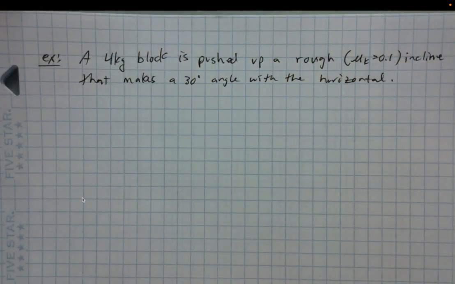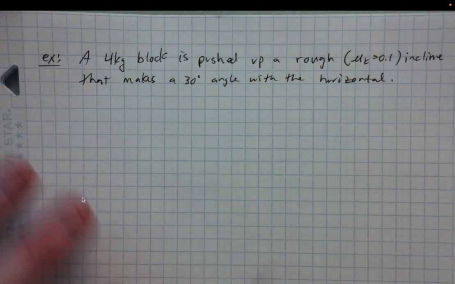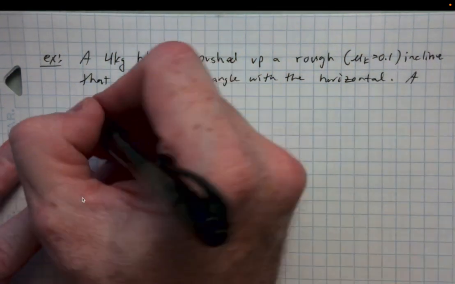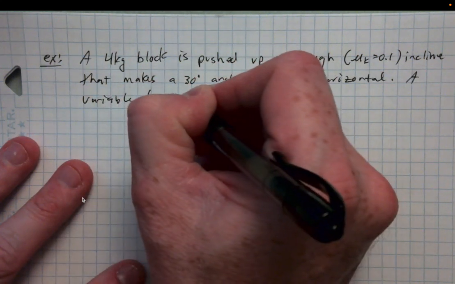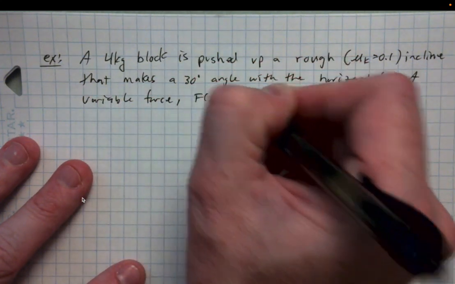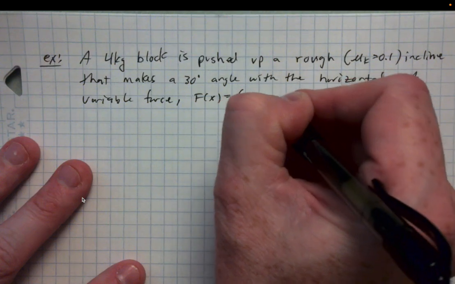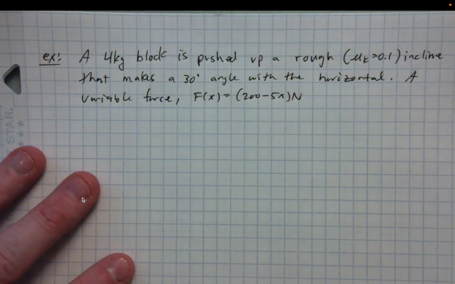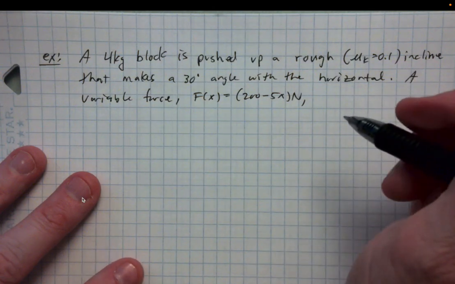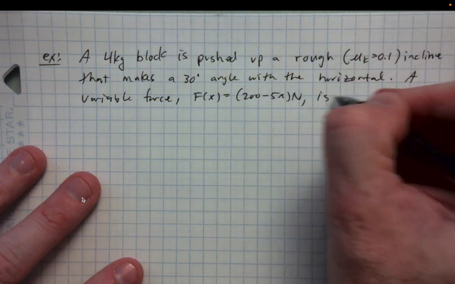All right, and so again, we're going to have a variable force, and here's that force function, f of x equals 200 minus 5x newtons. A variable force is applied parallel to the incline.